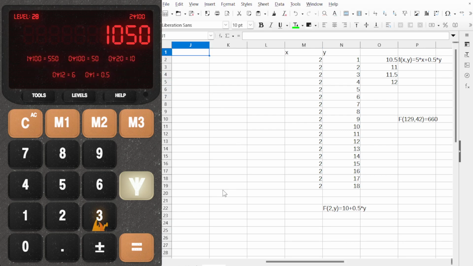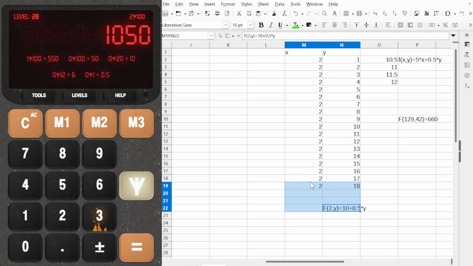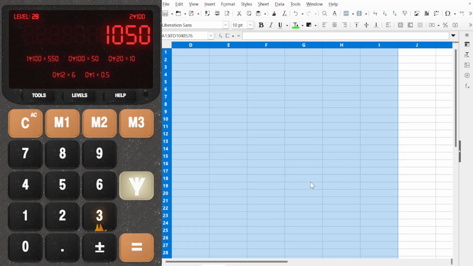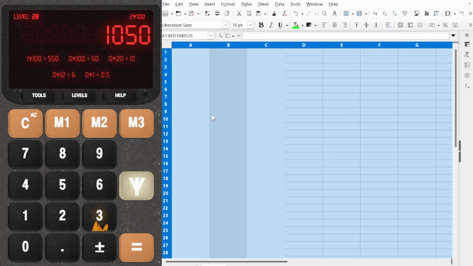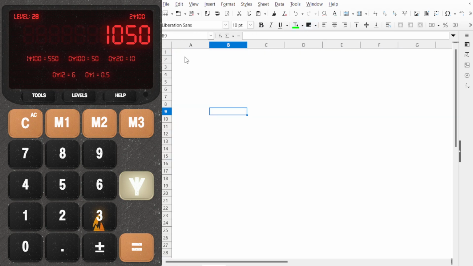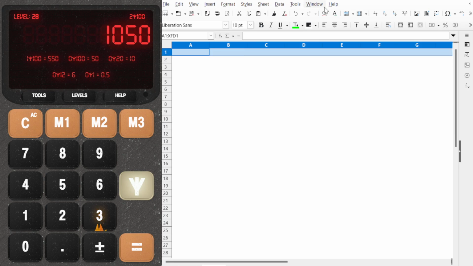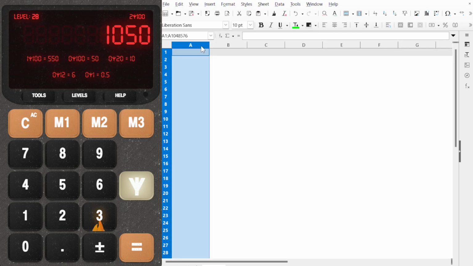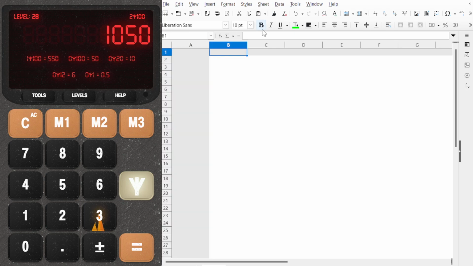So, okay, we need to... what is the smartest way to do this? First of all, delete everything. Make everything white. And make this entire thing gray, and let's make this thing say 1.